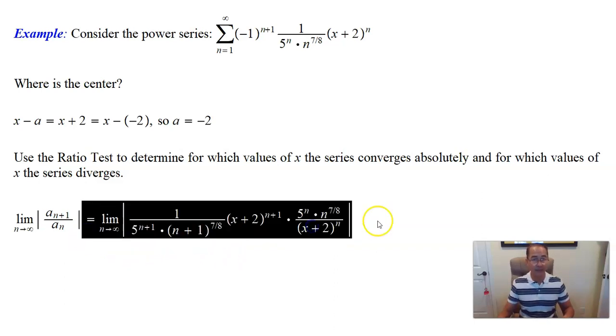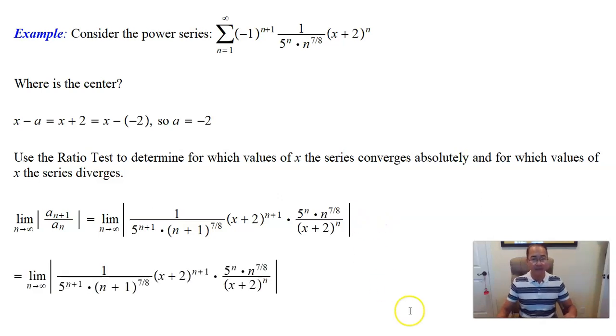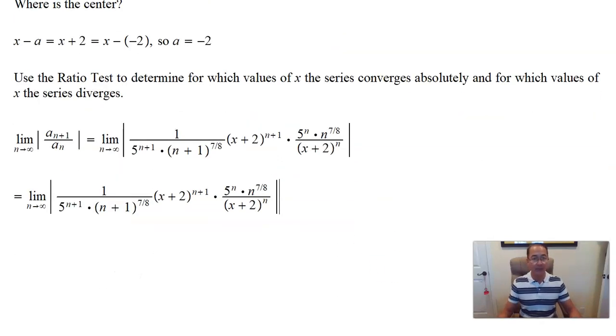Let's make a copy on the next line. We do need the absolute value because x is allowed to be negative, let's say negative 4. Negative 4 plus 2, you're going to get negative 2. So we're going to keep the absolute values, but we are going to put the factors into pairs.